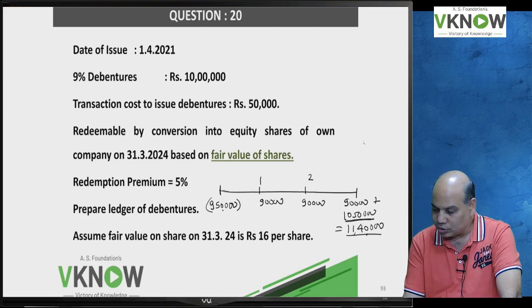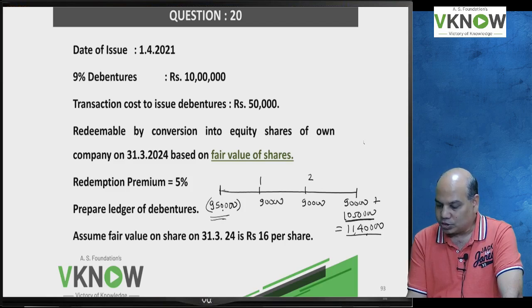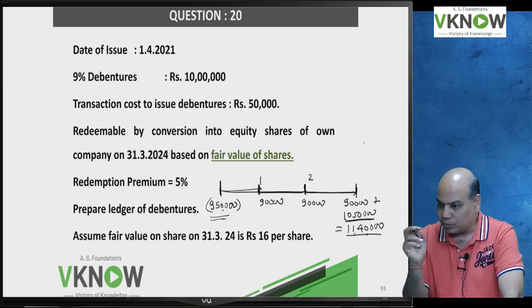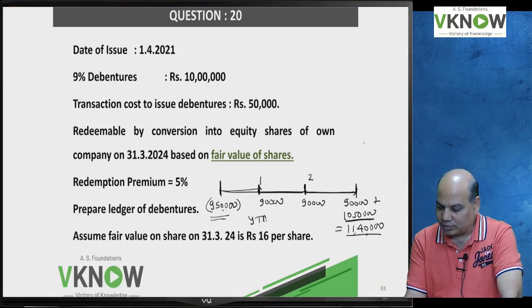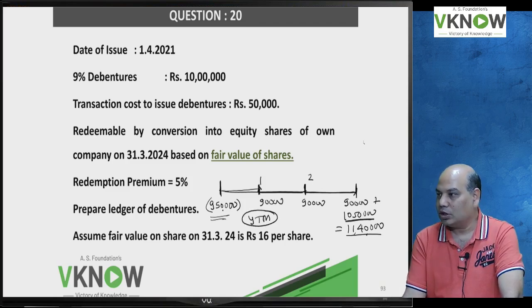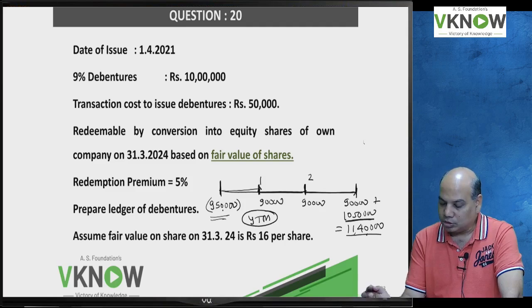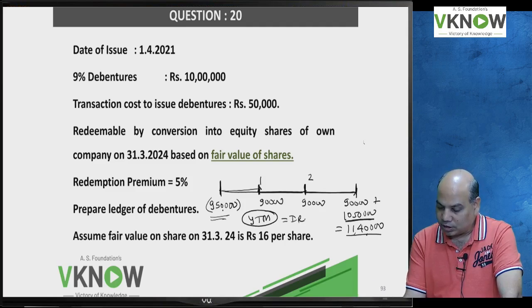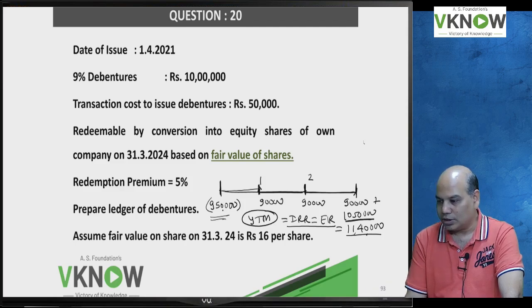So redemption is also not at par. Issue is also not at par. So this question will have a different IRR. If you have studied IRR, you can solve it. If you have studied the bond valuation chapter, we used to calculate YTM, yield to maturity. Yield to maturity is IRR, is EIR, whatever you want to call it.